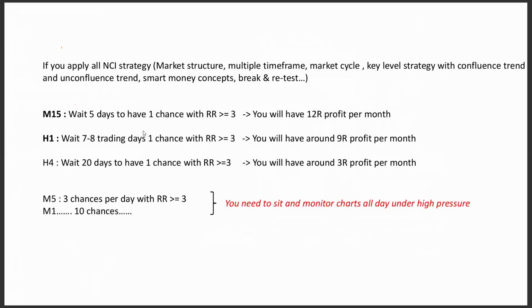Now, if you're using M15, you have 5 days to get one chance with your strategy. Like I said, if you're using 1 hour and 4 hours, you have fewer opportunities, but you won't be prone to some emotional mistakes. But if you're using M15 and 1 hour, then you just have moderate opportunities, which I recommend.